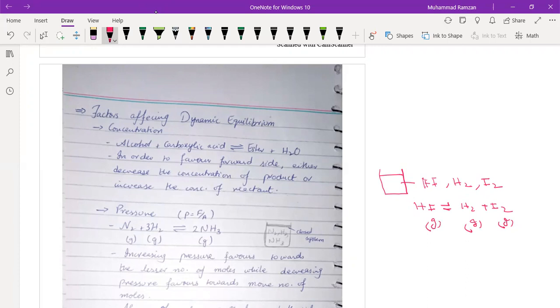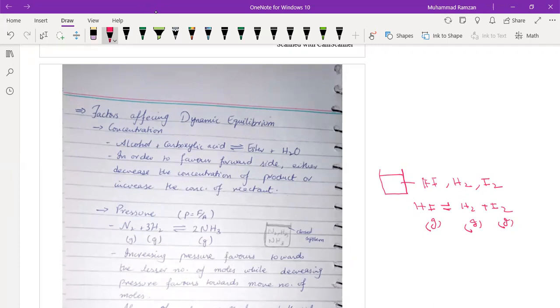Can you notice the change by increase or decrease in pressure on this system? If you increase pressure, it will favor the left-hand side. If you decrease pressure, it will favor the right-hand side. You're not looking. I didn't balance this equation.